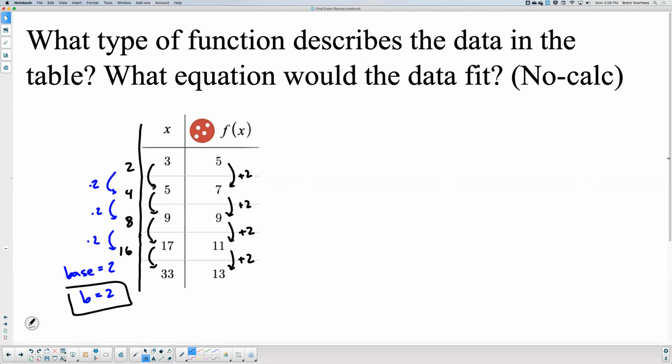Now, this is a logarithmic function. And so our base equation would be y equals a log base b of x minus h plus k. Now that's the equation we're going to work into. We already know the b is 2.